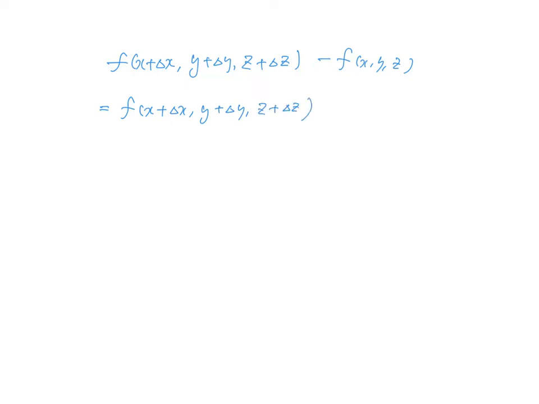Adding 0 means you subtract something and add the same thing, right? So I can subtract f(x, y plus delta y, z plus delta z), and add the same thing, f(x, y plus delta y, z plus delta z).